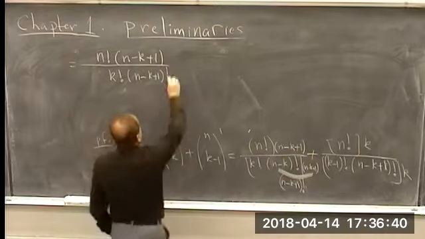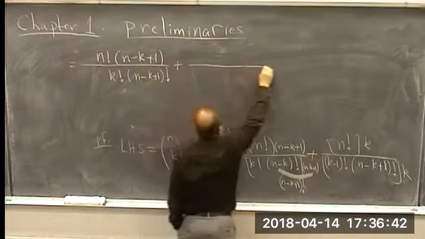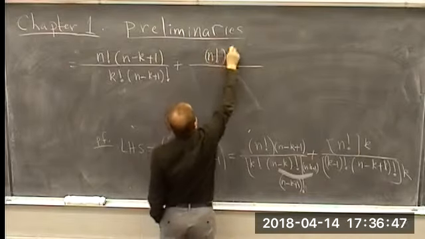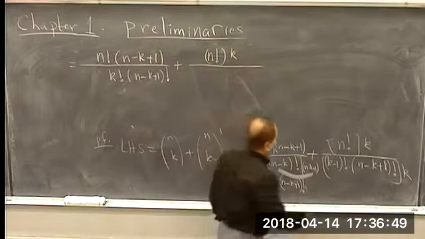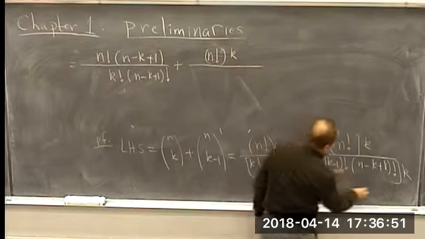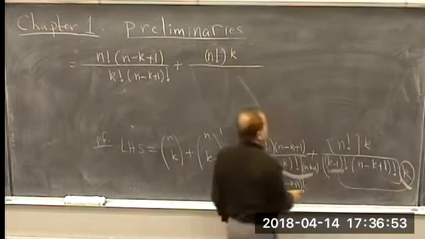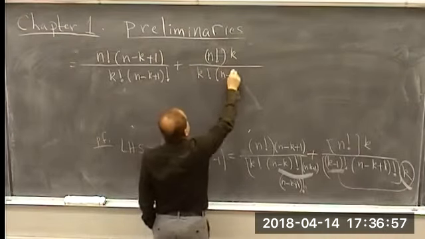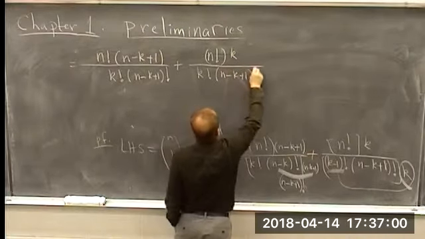And the other one is n factorial times k, but the k together with k minus 1 factorial gives me k factorial, and then n minus k plus 1 factorial.